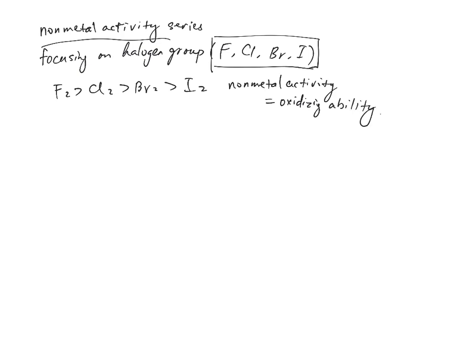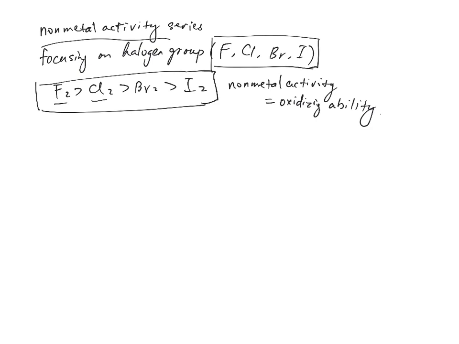So what we're saying here is that fluorine is a much better oxidizing agent than chlorine. Chlorine is a better oxidizing agent than bromine. And bromine is a better oxidizing agent than iodine.